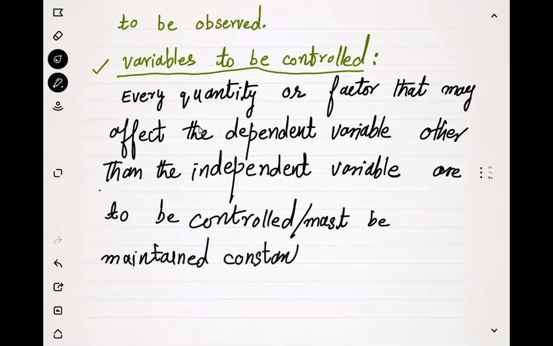Here you will list all the physical factors or other quantities which may affect the dependent variable, which should be maintained or kept constant so that their effect should not appear in the dependent variable.